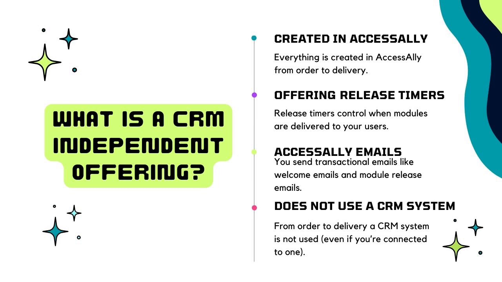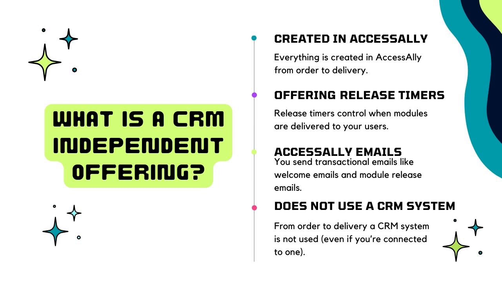So from order to delivery, a CRM system is not used for any of the components in a CRM independent offering. So you can use this if you're already connected to a CRM or if you're using AccessAlly Managed Contacts. So no matter what way your AccessAlly site was set up, you can use a CRM independent offering.